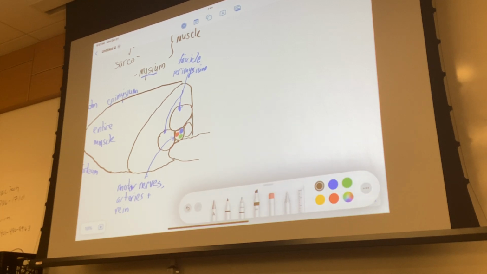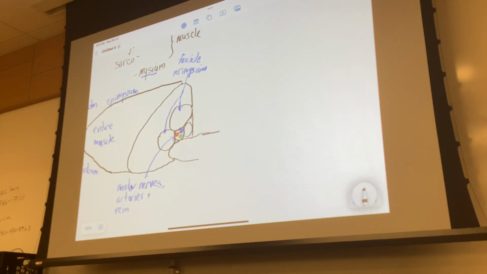Now, this is a single fascicle that I've been drawing to the right. And it has more of these fibers.